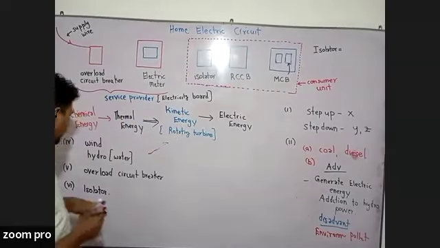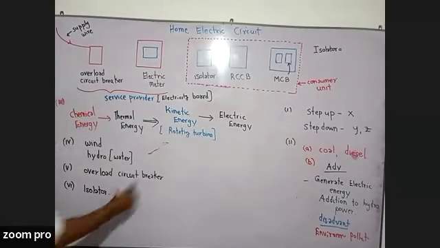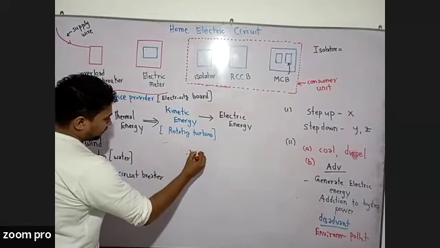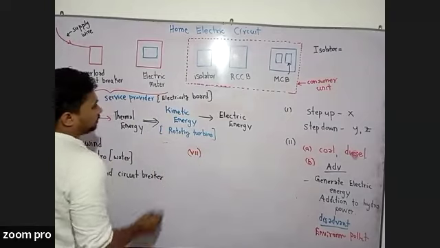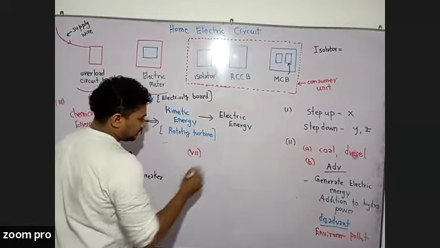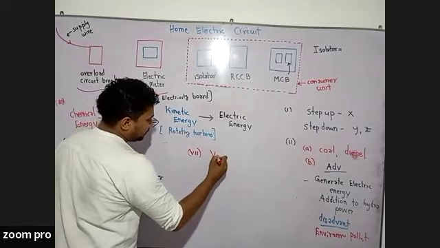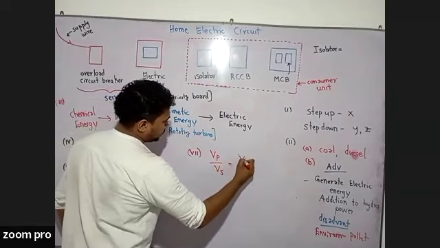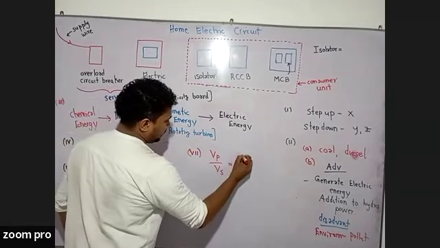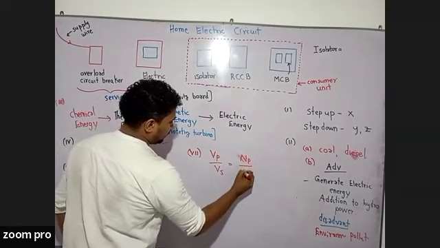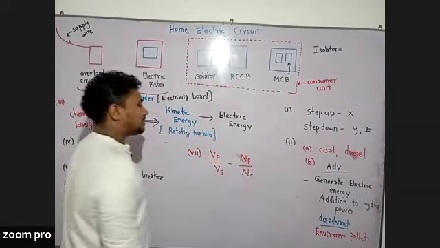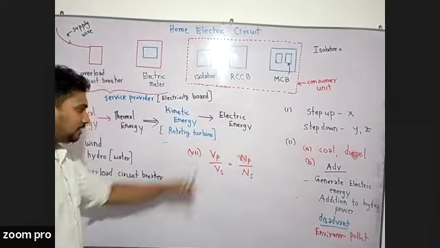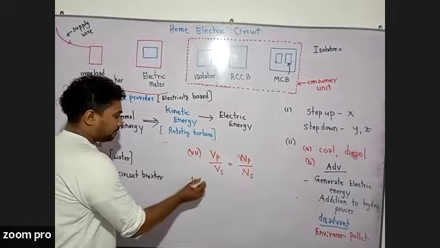As I mentioned earlier, we can derive an equation of these terms, that is Vp over Vs equal to Np over Ns. This is the simple equation relevant to transformers.